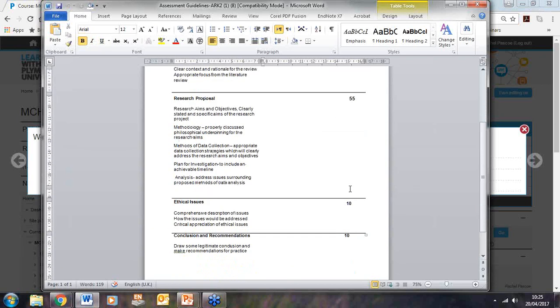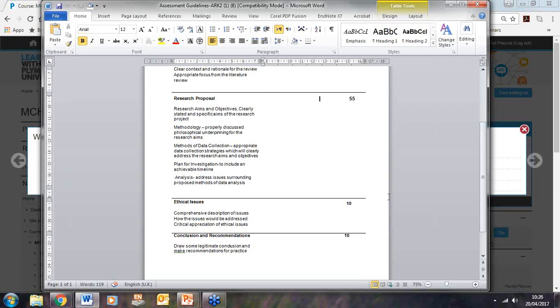Your next section is for 10 marks, and is about ethics. Obviously, Pam is going to talk to you about ethical principles and so on Monday. But this is where I need you to outline that you've clearly addressed the ethical issues that you might come across. So whoever you're asking, have you thought about all the key issues regarding ethical permissions, confidentiality, informed consent, and so on?